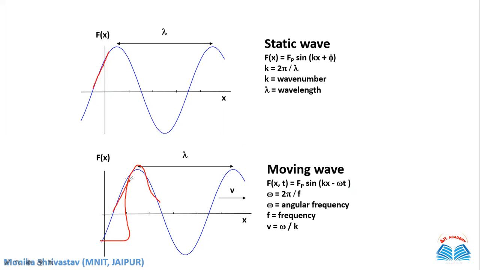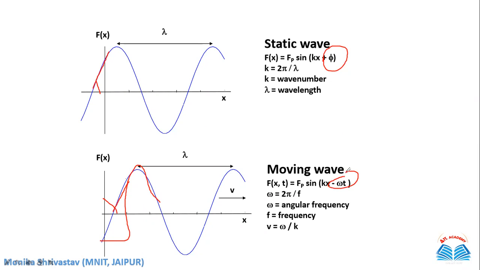So it is moving. If it is moving, then it is changing its phase angle too. Initially the phase angle was this one, and when the wave has moved forward, the phase angle is changing. So we can change this phi with respect to the velocity.